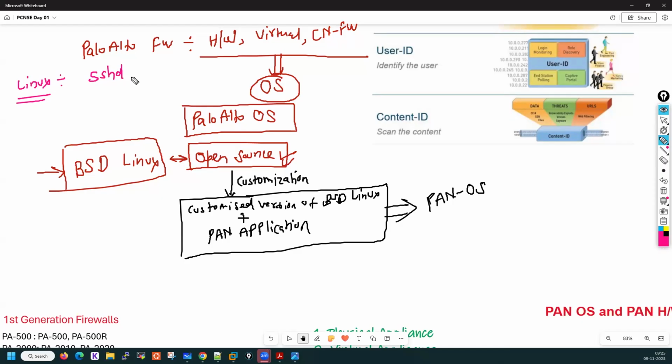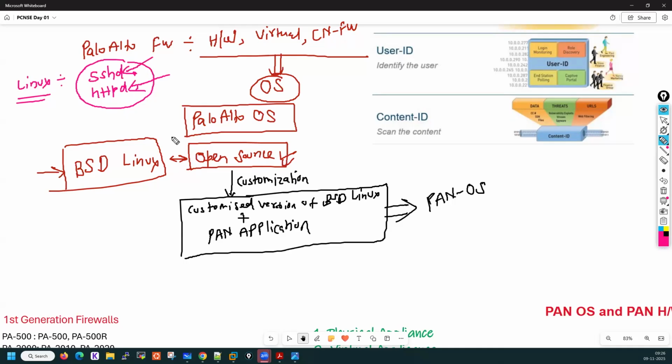SSHD. If you want to run the HTTP process, then the process name is HTTPD, HTTP daemon, right? So to run the SSH service, the SSHD process is running. To run the web services, we have HTTPD.